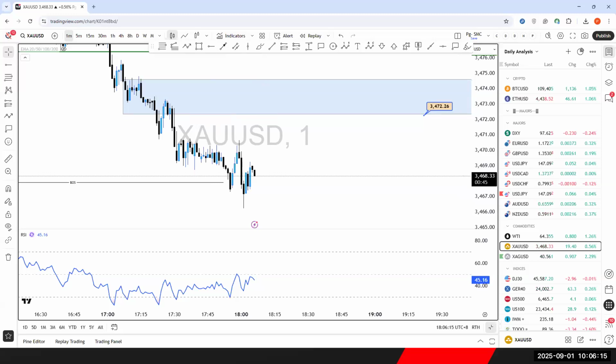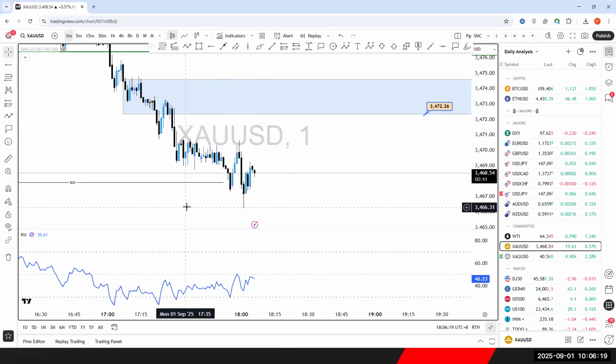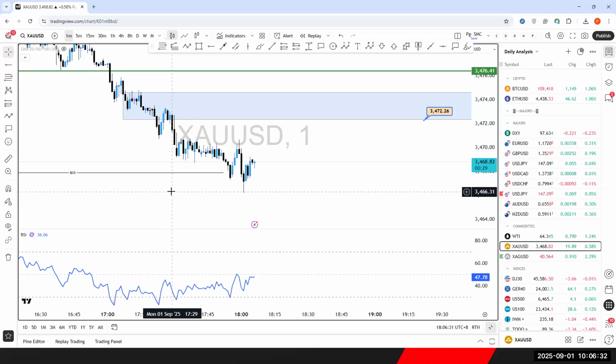High risk, because if price breaks below 67 or 66 here, the next level is going to be another 60 pip. So if you want to buy and follow me, this is just scalping.